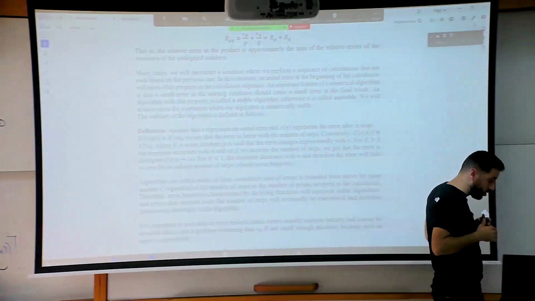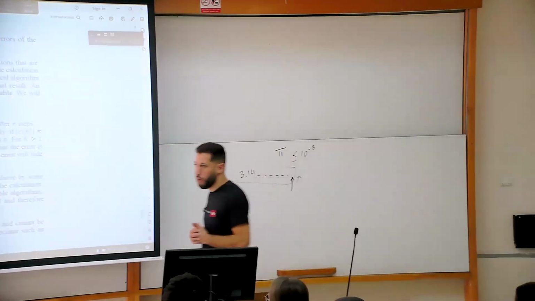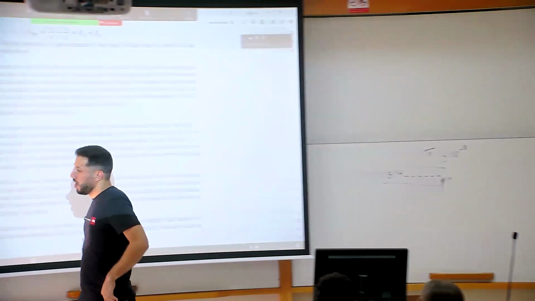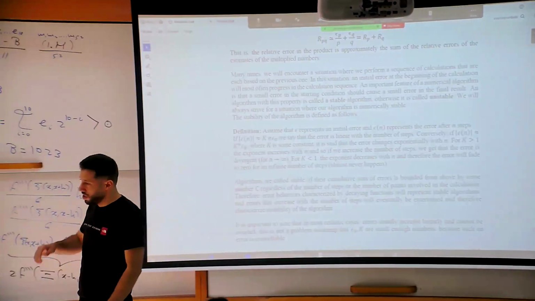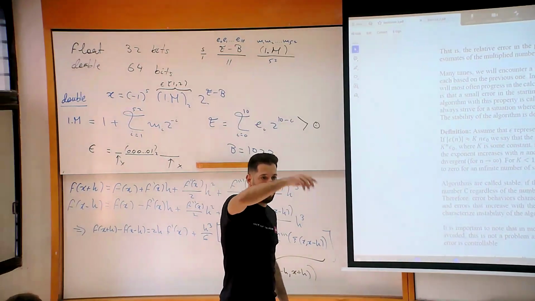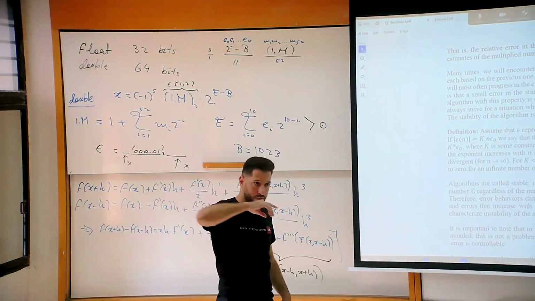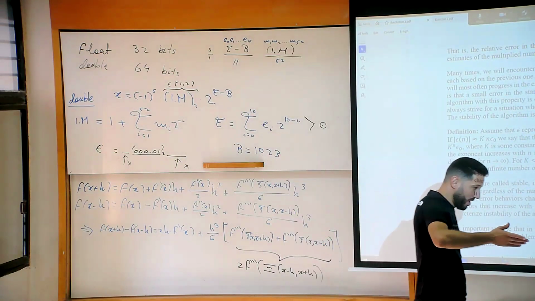If it goes exponentially with the number of steps, so it's C multiplied by a number to the power of n, or more than n squared.